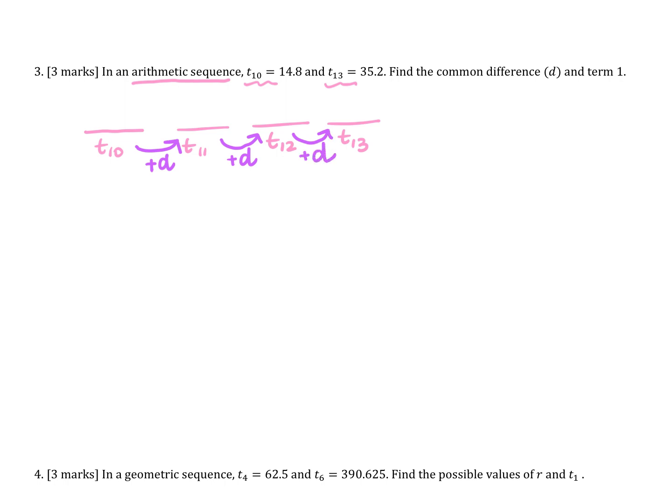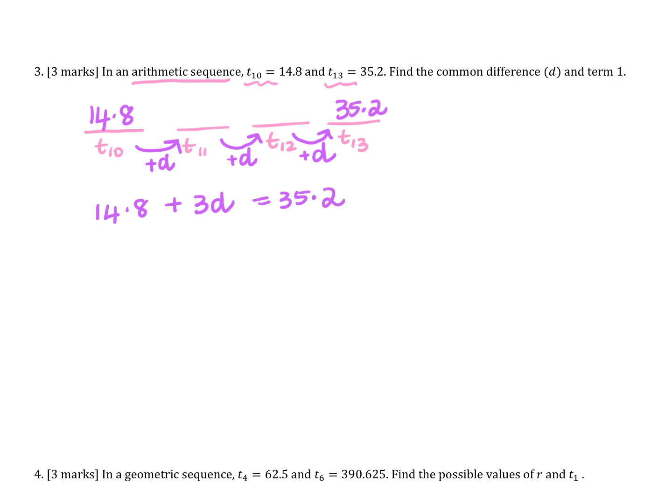Now I know that that one there is 14.8 and this one here is 35.2. So I've got 14.8 plus D plus D plus D equals 35.2. 14.8 plus 3 lots of the difference will give me 35.2.